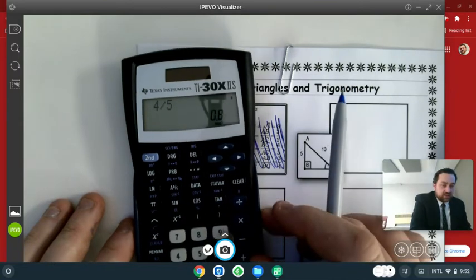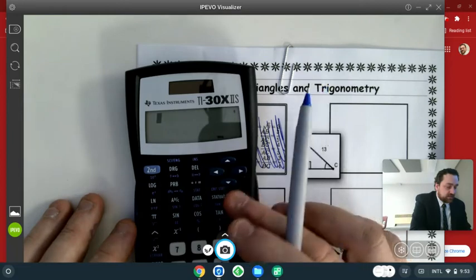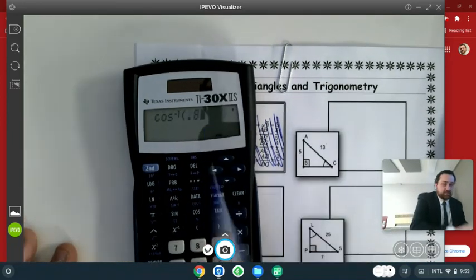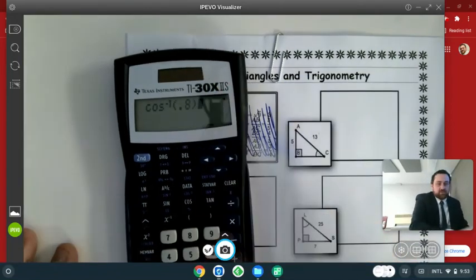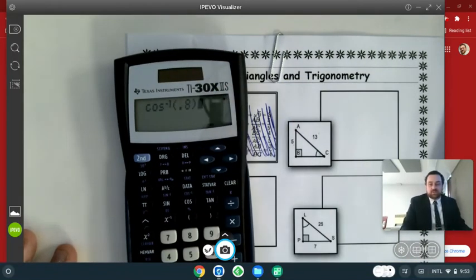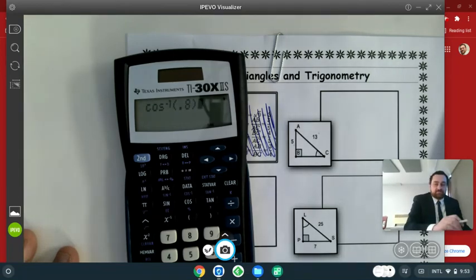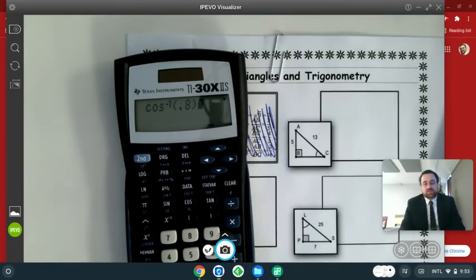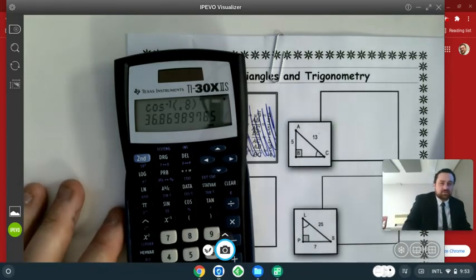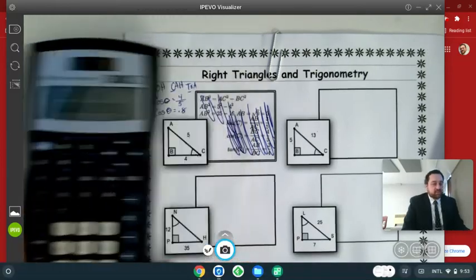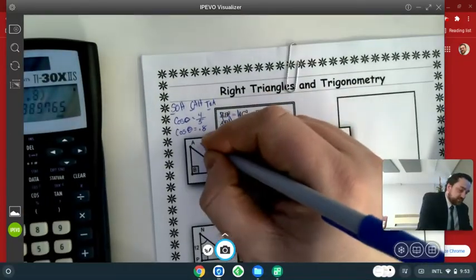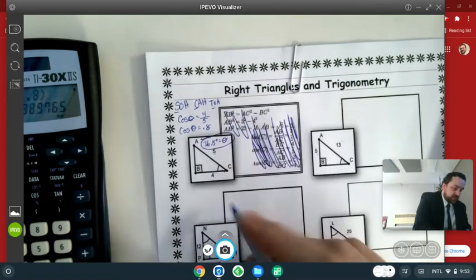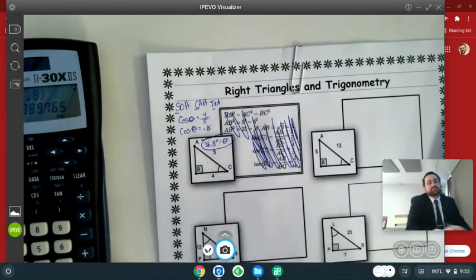On this particular one, I hit the inverse cosine first, and then put in my 0.8, and then close my parentheses. Some calculators will make me do it this way. Others, I can have the number already on my screen and then hit inverse cosine, and it finds me the inverse cosine of that number. All right, this gives me 36.8 degrees. So theta equals 36.8 degrees, and so this angle here is 36.8 degrees.